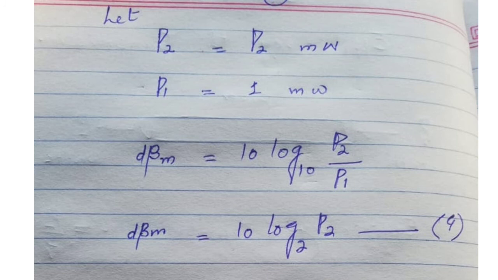So if we put the value of P1 over here, the dBm value of this P2 will be equal to 10 log of P2. And sorry, this is in equation number 4, this is log to the base 10, this is not log to the base 2. So the dBm value of P2 can be calculated with the help of equation number 4, right?